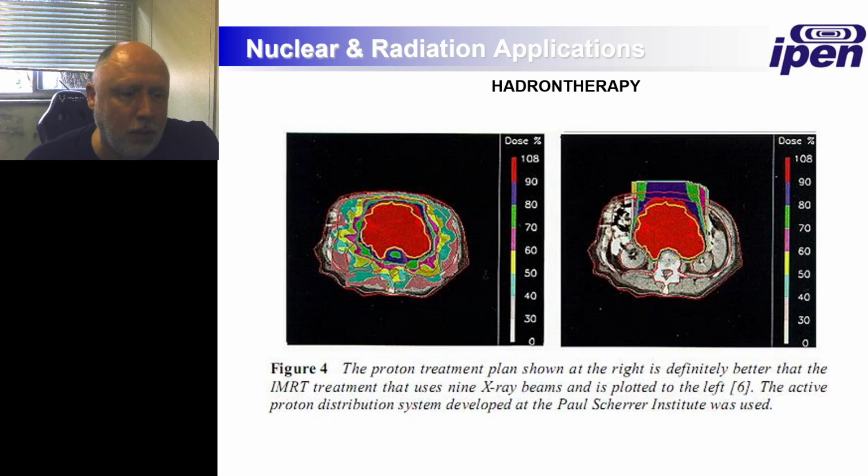And here you have an idea. Every time you do some treatment with beams, they have to do a simulation, what they call a treatment plan, to see how much dose you will put somewhere. So here is a treatment plan thinking of 9 X-ray beams, because it's not one anymore. You use a lot of beams, because then you can distribute those doses, those side effects, on different parts of your, let's say, brain or something.